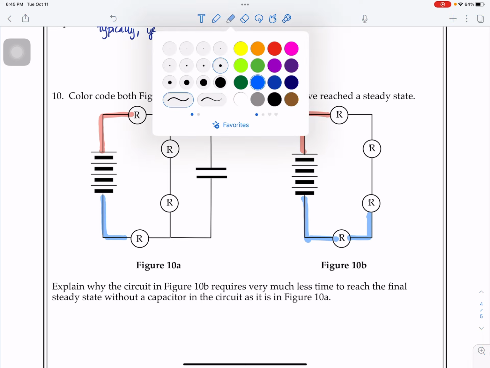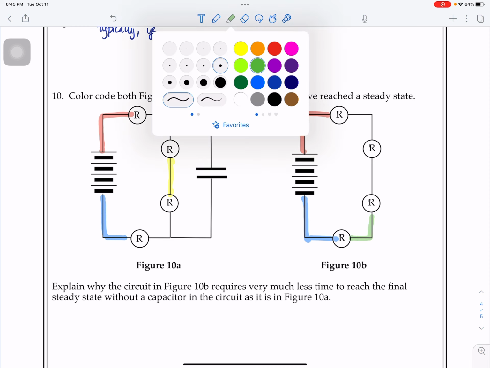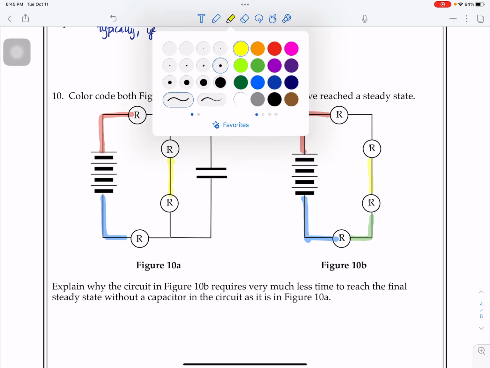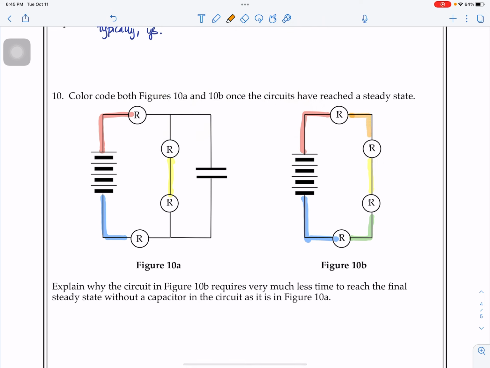So I know that the middle wire is going to be yellow. I goofed on this. I was wondering why I was mystified by that. Sorry about that. That should be green. Green. And yellow in the middle. I got a little bit happy there. And then orange.